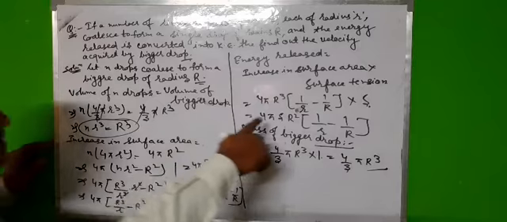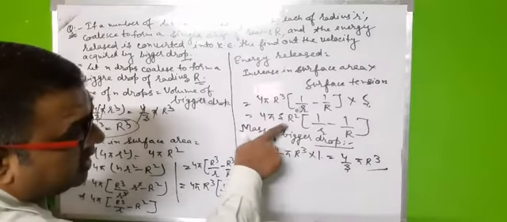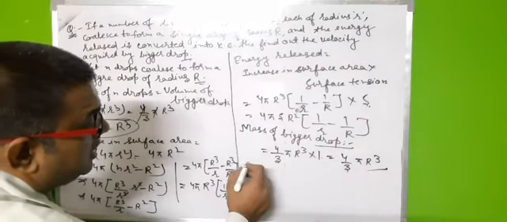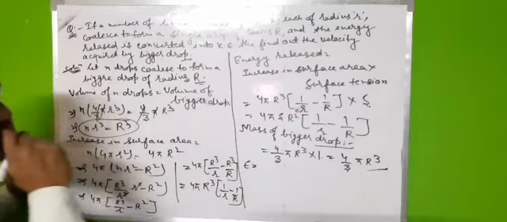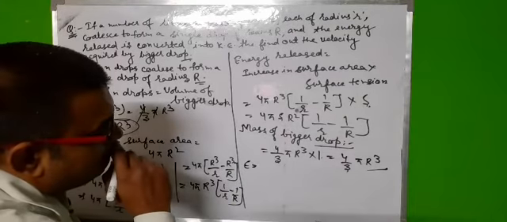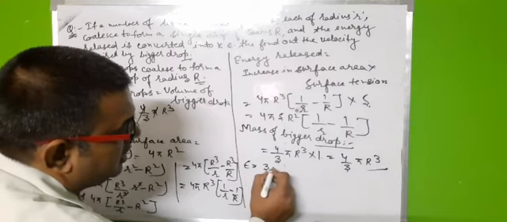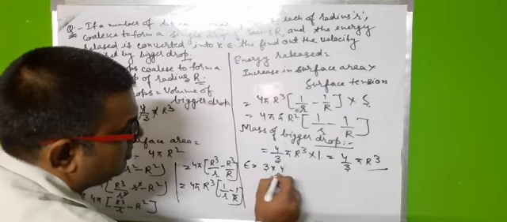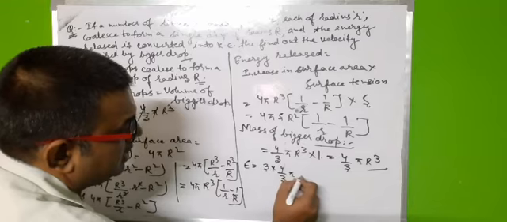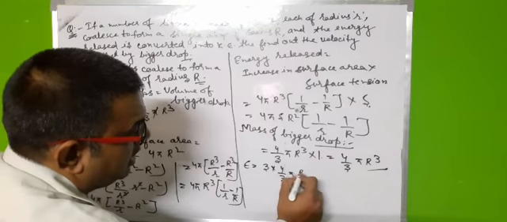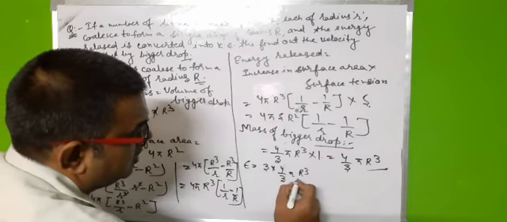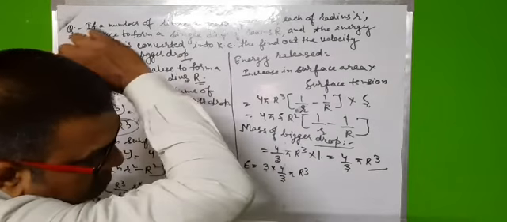If it is given that energy is 4 pi r cube, so energy E can be replaced as, look at here, if we multiply it by 3, then it becomes 4 by 3 pi r cube.